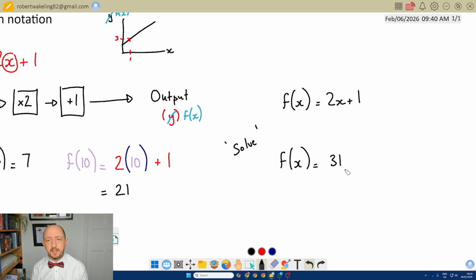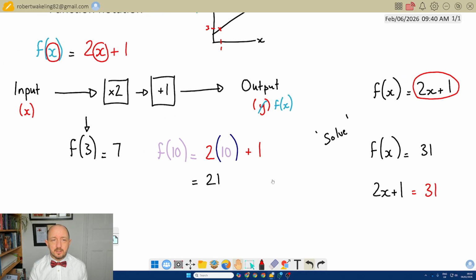So to solve this, we take our function 2x plus 1 and we put it equal to 31. So f of x was this and we make it equal 31.